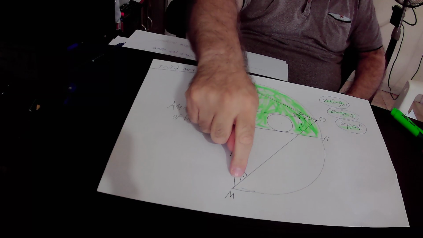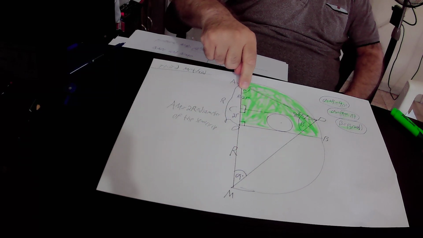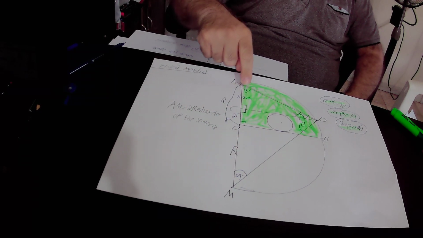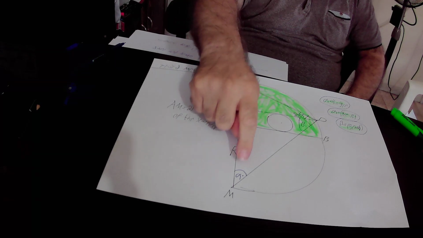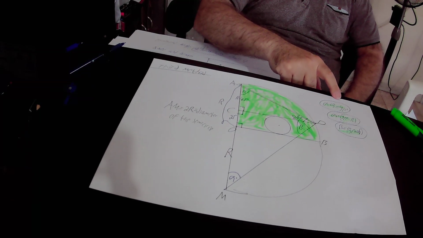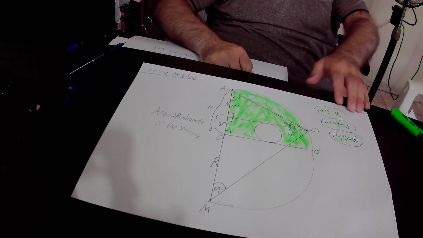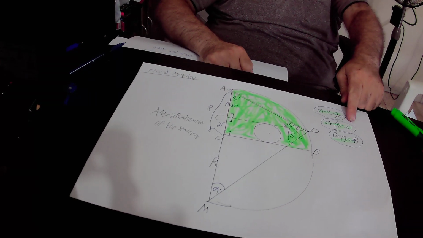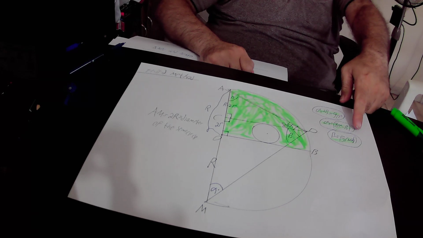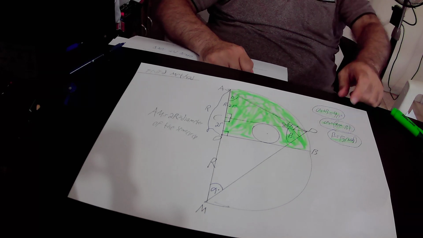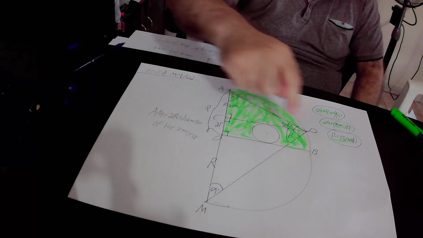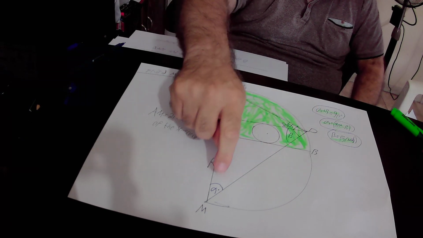We define this angle as alpha, this angle as beta, and here alpha plus beta must be equal to 90 degrees because this angle equals 90 degrees. If alpha plus beta equals 90 degrees, it means alpha equals 90 degrees minus beta, and beta equals 90 degrees minus alpha. So in the right triangle MDC, we have this angle equal to alpha.